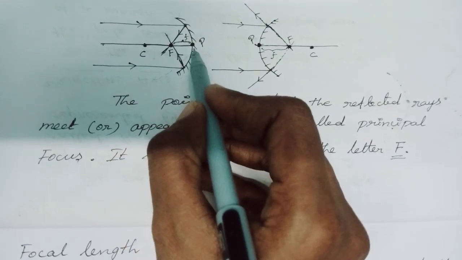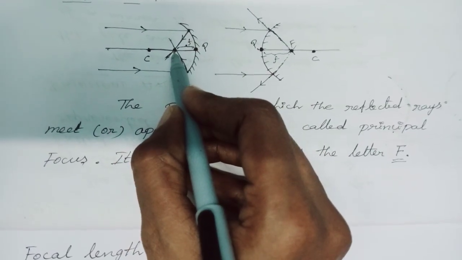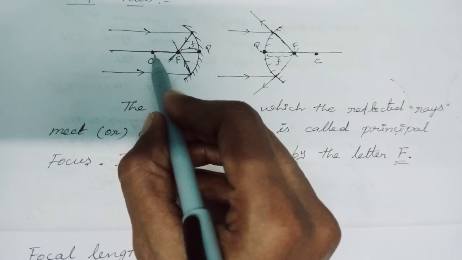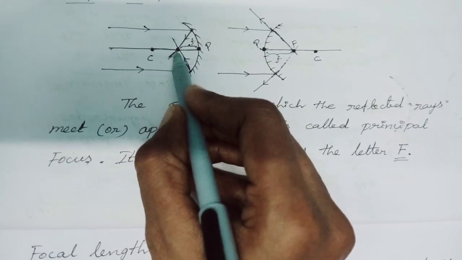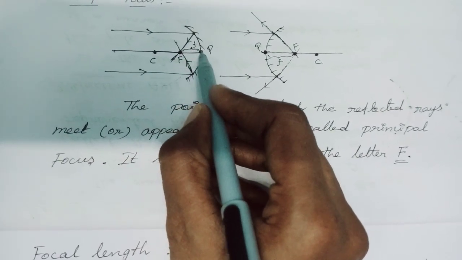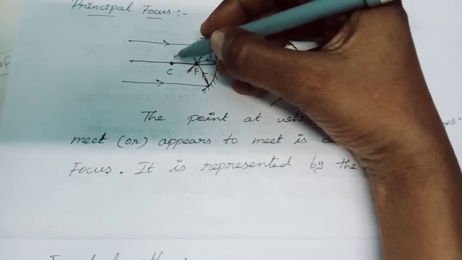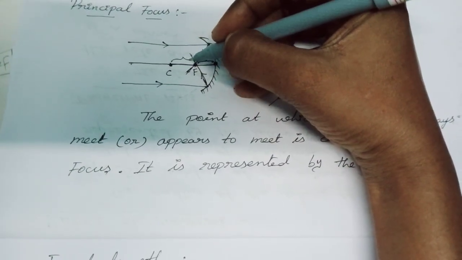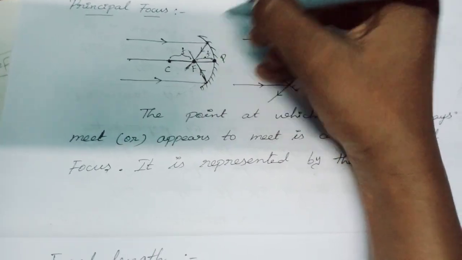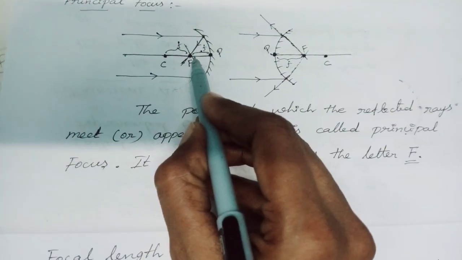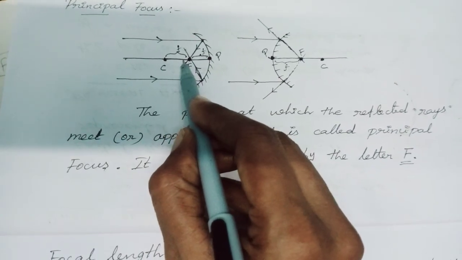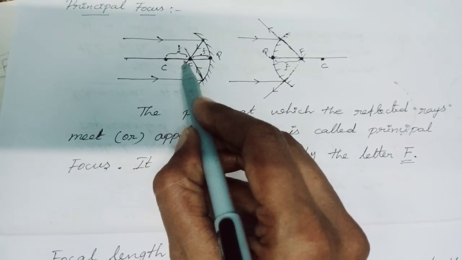It means the distance between F and P is equal to the distance between F and C. So if this distance is called the focal length, this distance is also equal to the focal length, that is small f.